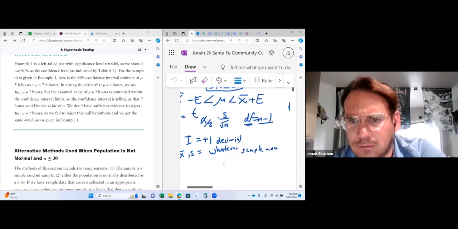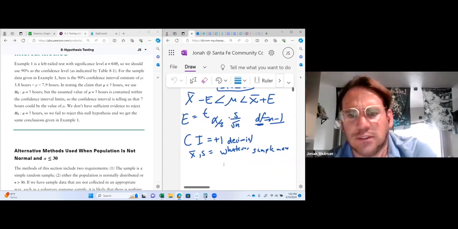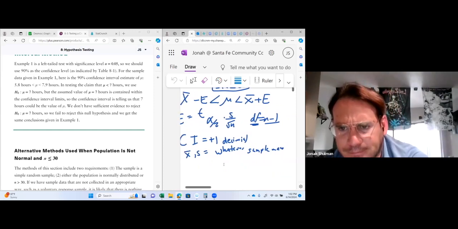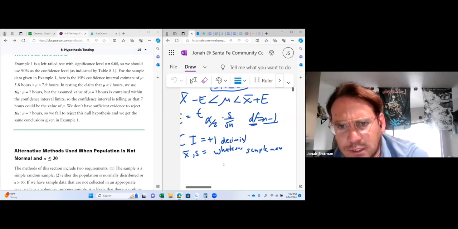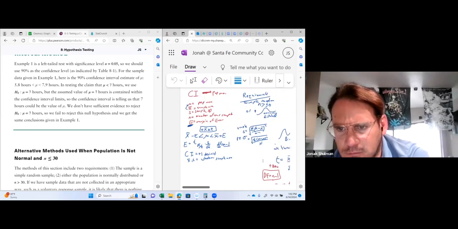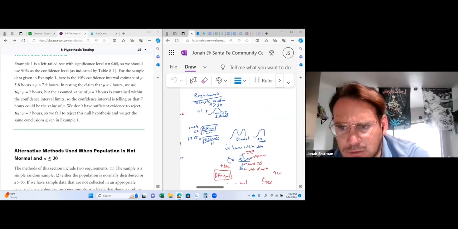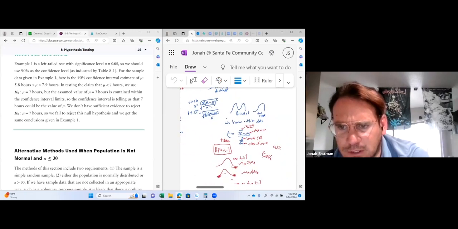Which is totally fine. So it's your t statistic times the standard deviation divided by the square root of n, which isn't too crazy. That's how we get the error.